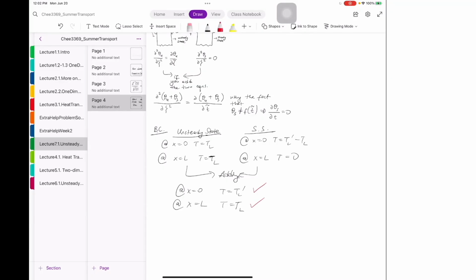So this is just to illustrate that if you find the solution for the two separate, decomposed systems, then the sum of the solutions gives you the solution of the original problem. That's a trick that we had used earlier for the two-dimensional steady state problem as well. But this time we decomposed into one unsteady state and one steady state problem. Okay.